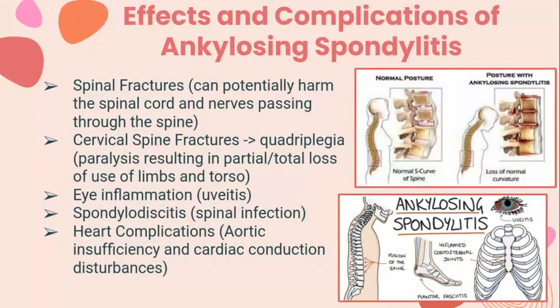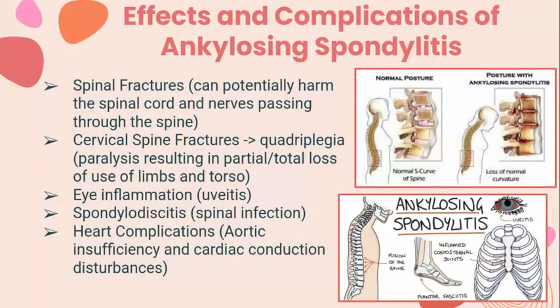For the effects and complications of AS, spinal fractures are huge and very important. They can potentially harm the spinal cord and nerves passing through the spine, which is very dangerous and can be pretty debilitating.